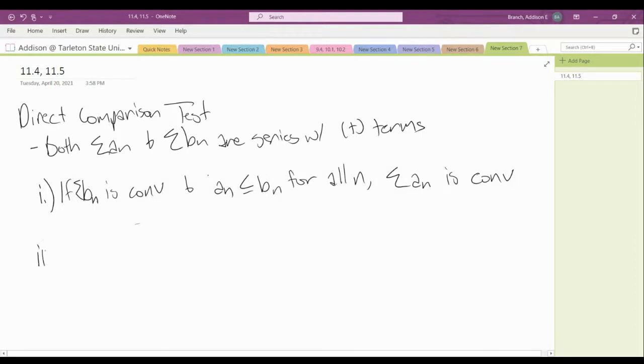It also states that if series B is divergent and A is greater than B for all n, then series A also has to be divergent.